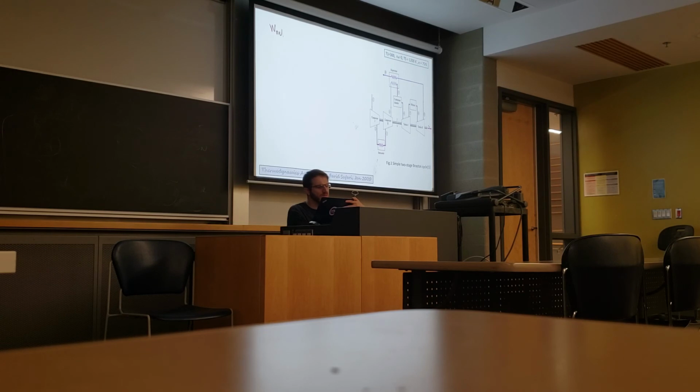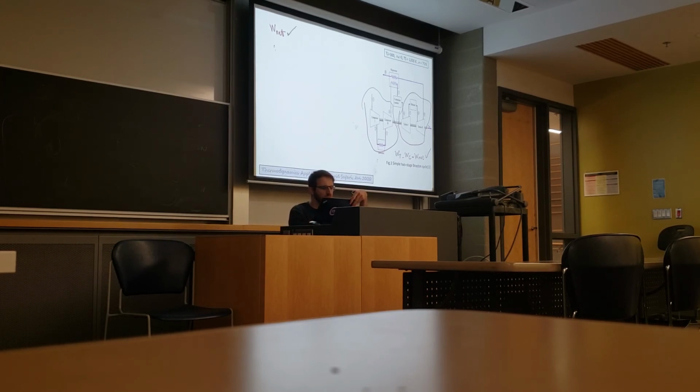W net is the same. Why is it the same? Because I told you that from 1 to 4 and from 6 to 9, it's the same as we had before. So the work produced and work consumed are the same: W turbine minus W compressor, W net, is the same as we had.